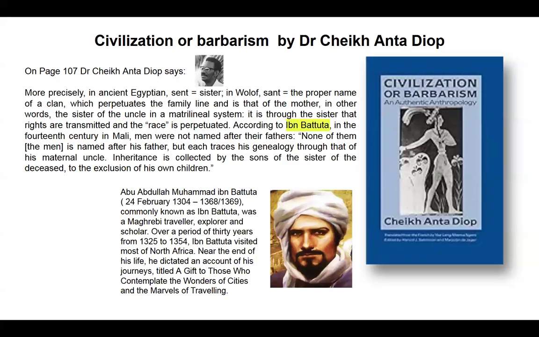Here is a drawing of Abdullah Muhammad ibn Battuta, born February 24, 1304, commonly known as Ibn Battuta, a Maghribi traveler. That's an Arabic word.